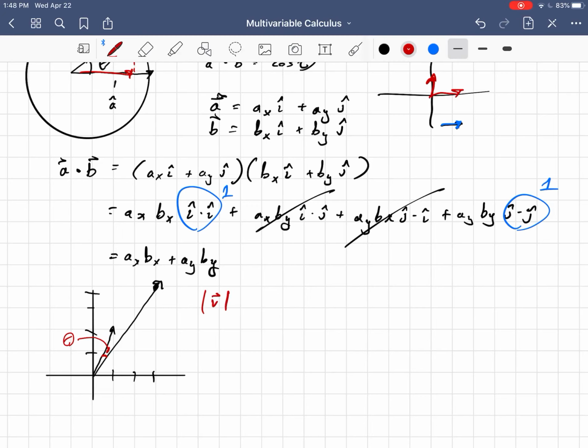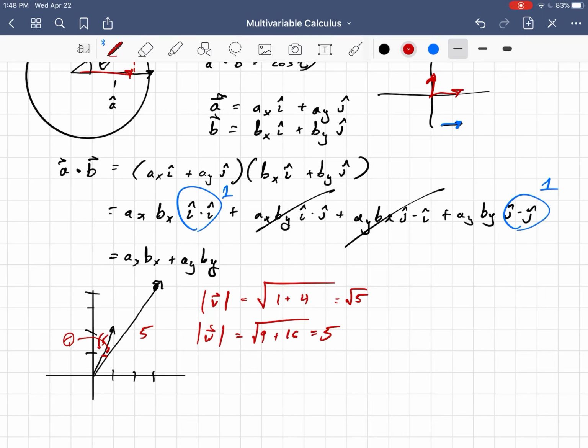first of all, the magnitude, let's call this first vector, vector v, and let's call the second vector, vector w. Then the magnitude of vector v is just you square each term, add them up, and then take the square root. So the square root of 1 plus 2 squared, or 4, and so the magnitude is root 5.